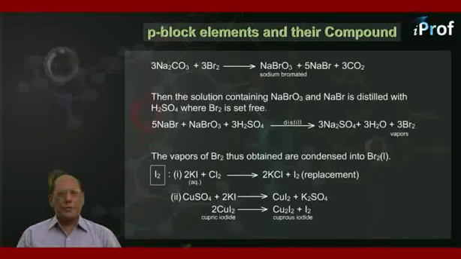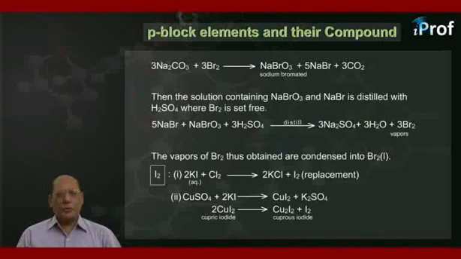Now next is I2, iodine. For its preparation, the first method is 2 KI aqueous plus Cl2. We get 2 KCl plus I2. This is a replacement method.